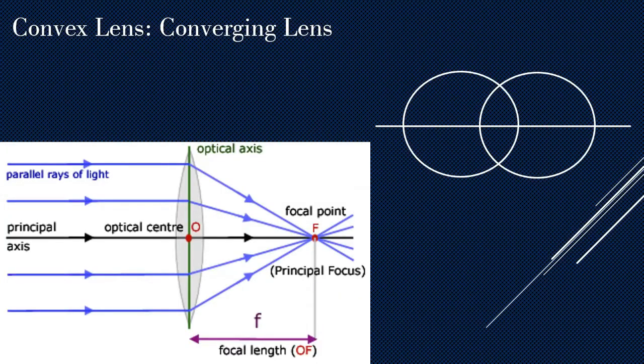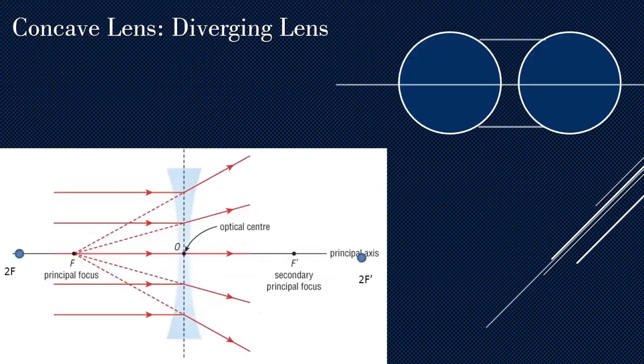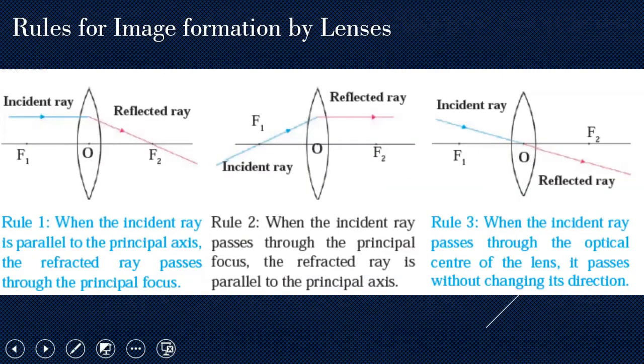Now let us see in detail. Now, if you can see, this is your convex lens. How do you differentiate between a concave and a convex lens? A convex lens is tapering towards the ends. It is thin at the ends.